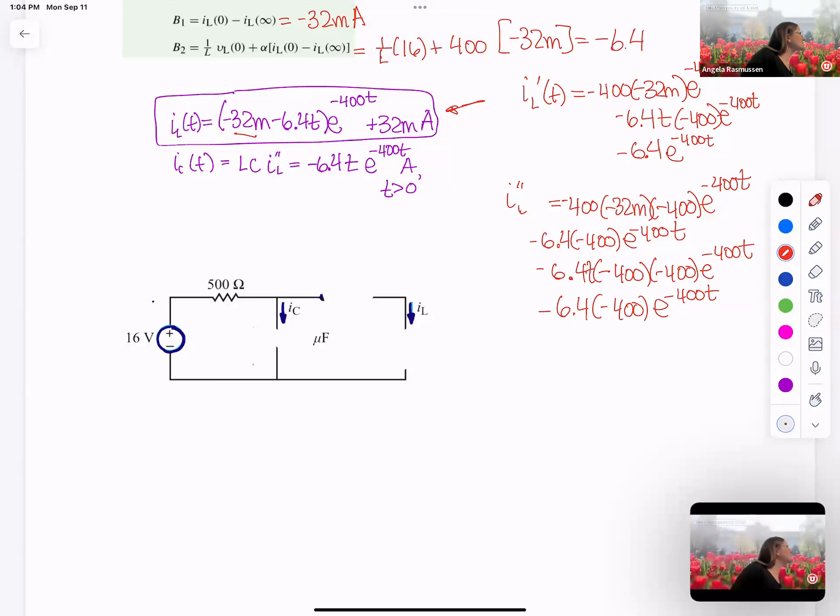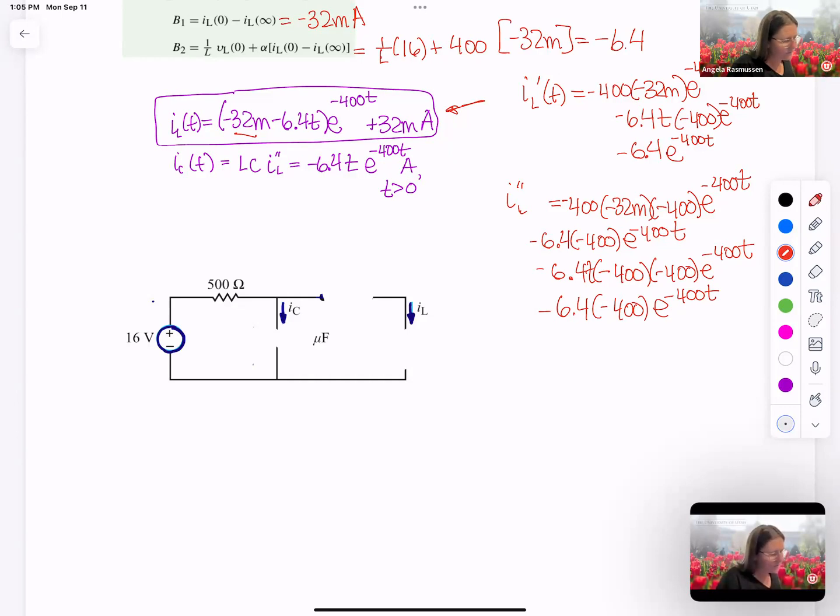By the IL prime, that minus 6.4, minus 400. But when you take the derivative of that, you have the first, and then you bring down the minus 400, e to the minus 400t. If IL is like that, then you'll have one derivative here, then another derivative here, but you have a third one.